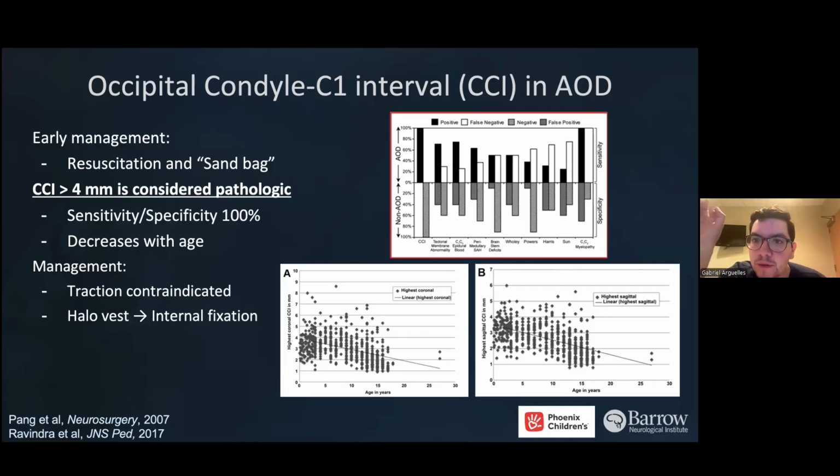You can see comparisons there on the chart on the top. The true positive and false positive give us the sense of the sensitivity and specificity.